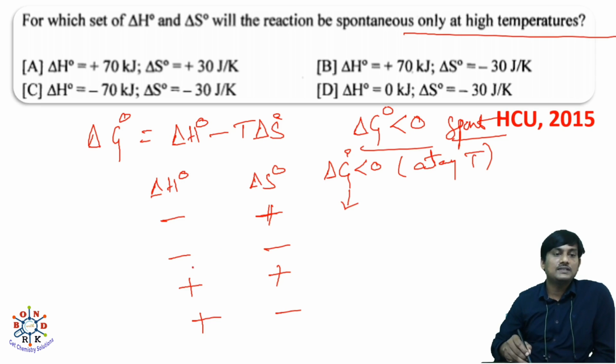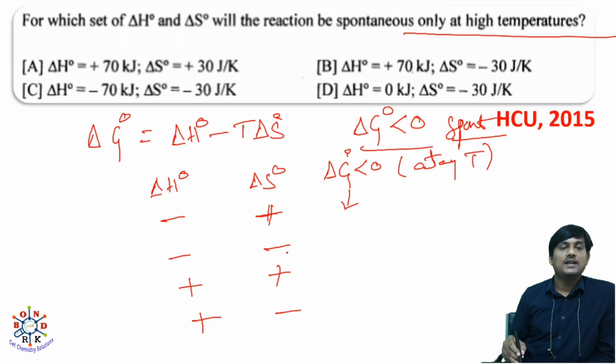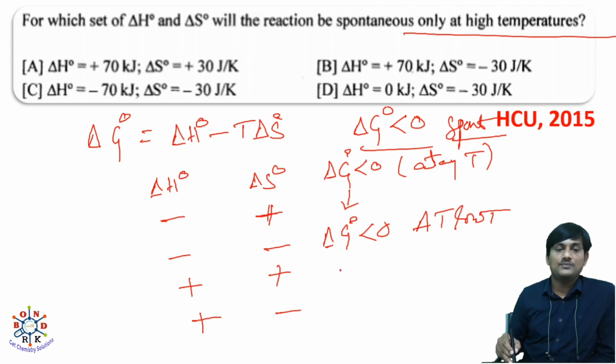Suppose delta H naught less than 0, negative, and delta S naught negative. In this case, at low T, delta G naught is negative. Suppose delta H naught positive and delta S naught positive, then delta G naught is negative at high temperature.